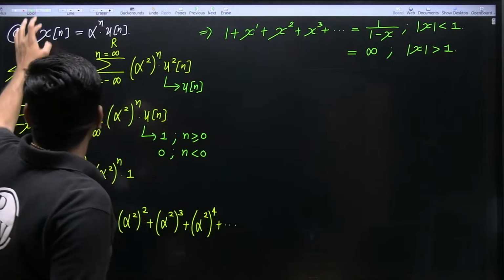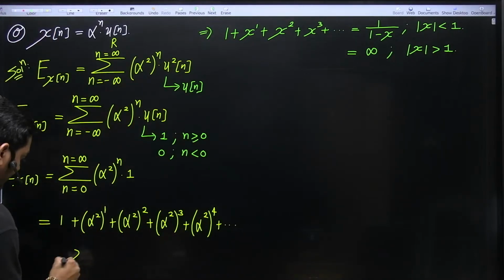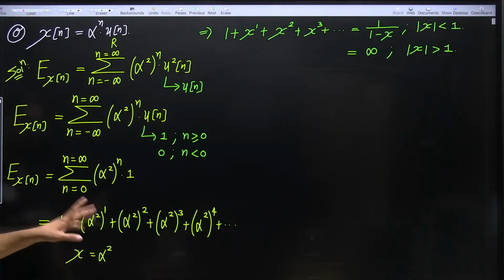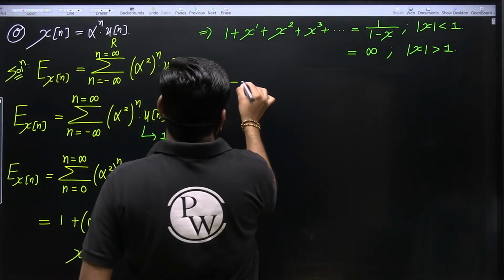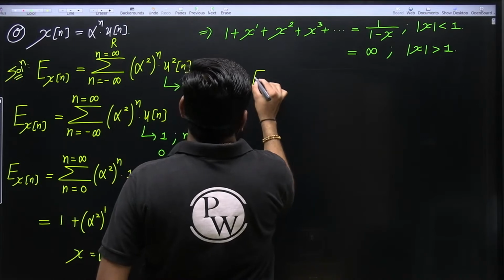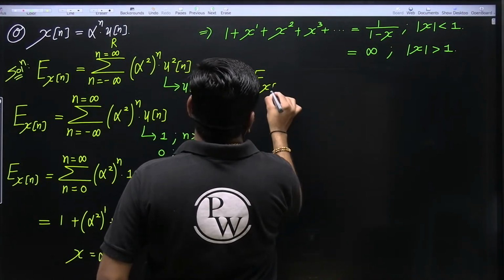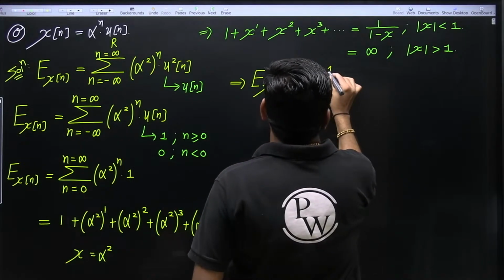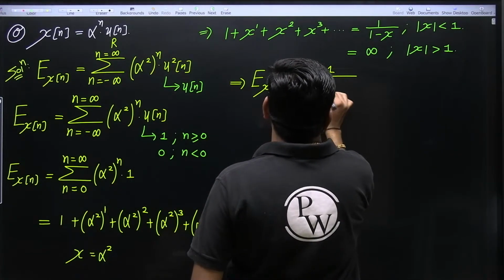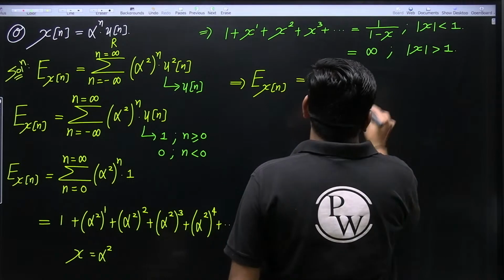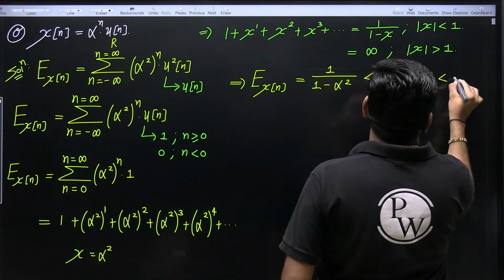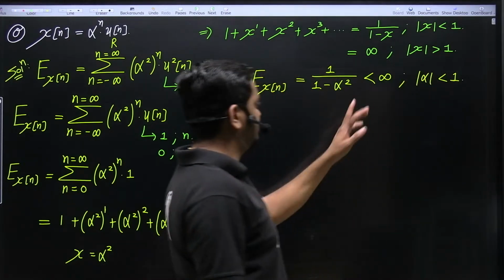Okay. So here in our case x is equal to alpha square. So the energy of this signal will be 1 upon 1 minus alpha square, which is less than infinity only when mod x is less than 1, that is, mod alpha square less than 1.